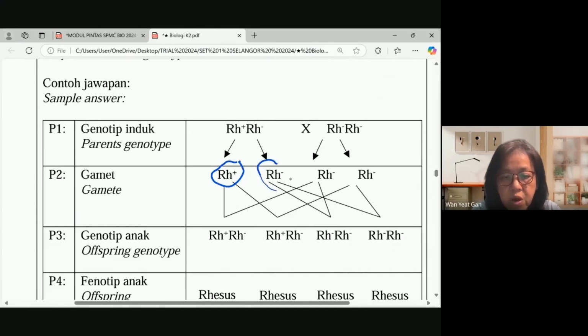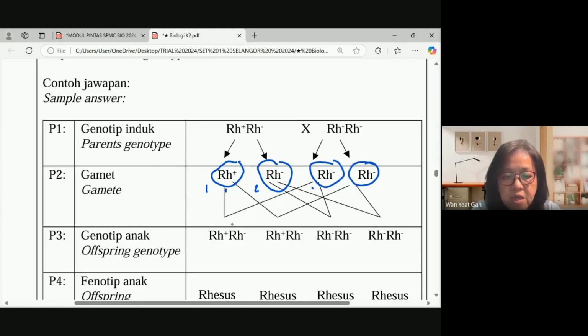Normally we will circle the gametes, and when you do the inheritance, for the possibilities of fertilization between the gametes, we will put 1, 2, 3, 4, 1, 2, 3, 4.